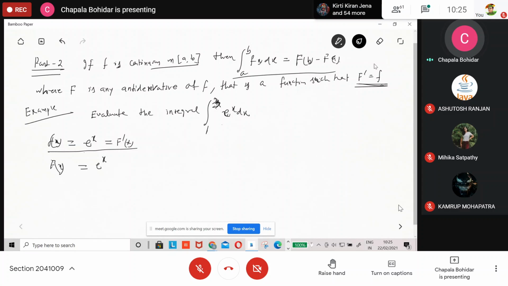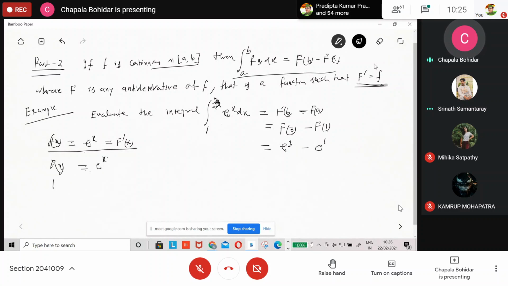So now the integration value is F(b) minus F(a). Here b is 3, so F(3) minus F(1). F(3) is e to the power 3 minus e to the power 1.